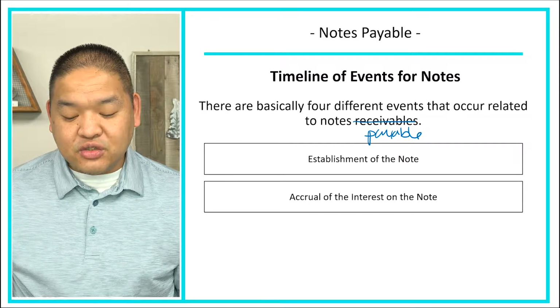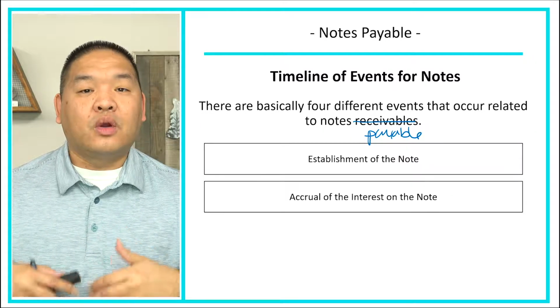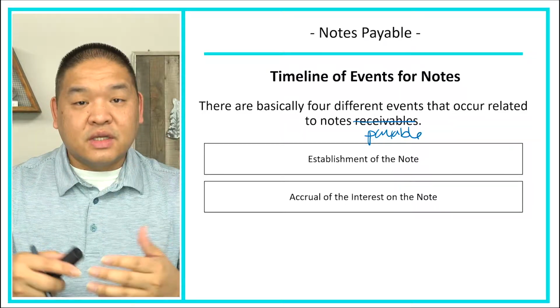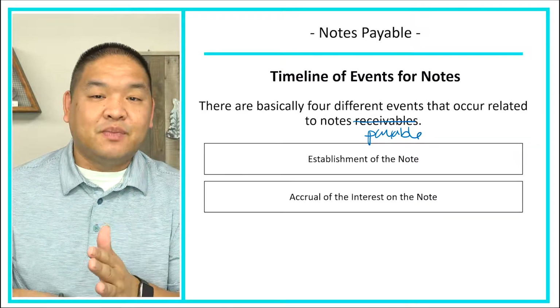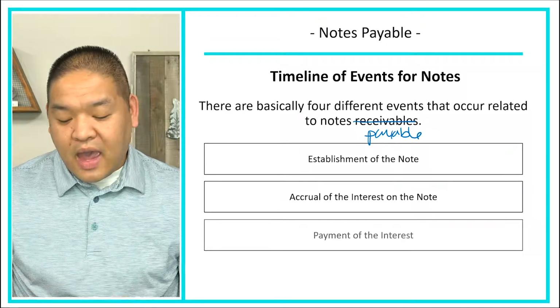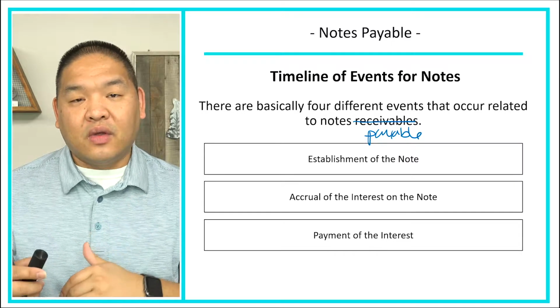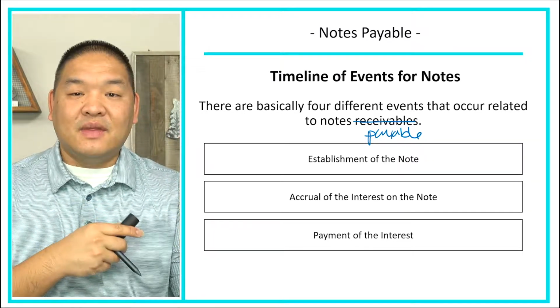The second thing we're going to do is accrue the interest on the note, because as we borrow that money, we're going to have to accrue some interest, especially if we get to the end of the period and we haven't paid; we have to accrue an interest expense. And then we need to look at the payment of the interest, especially when the accrual happens at a different time than the payment.